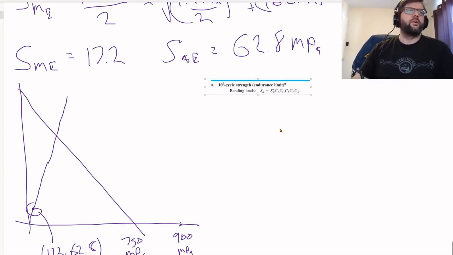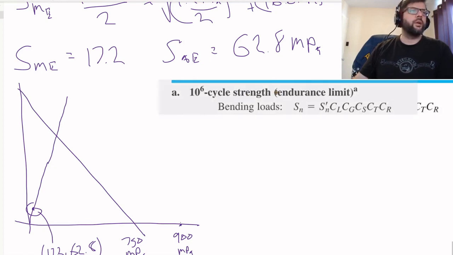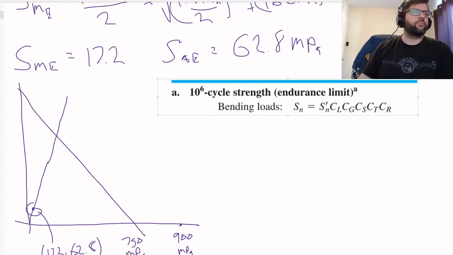So our Sn is equal to Sn prime times Cl times Cg times Cs times Ct, again assume Ct is 1 unless told otherwise, and times Cr.